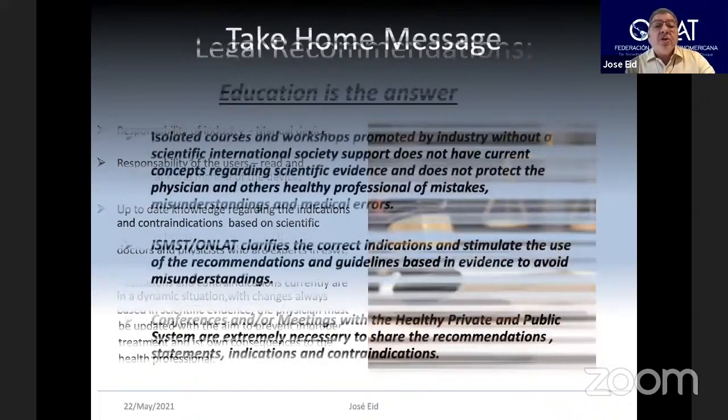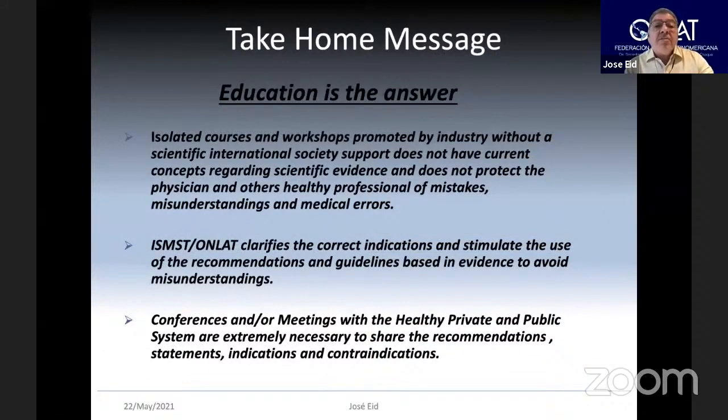So what's the message? I want to show you the message is education. Education is the answer. Isolated courses and workshops promoted by industry without scientific international society support do not have the current concepts regarding scientific evidence and do not protect the physician and other health professionals from mistakes, misunderstanding, and medical errors.